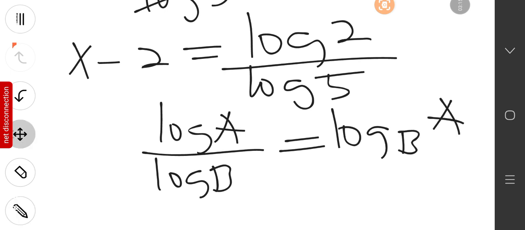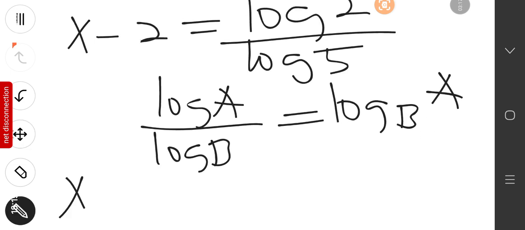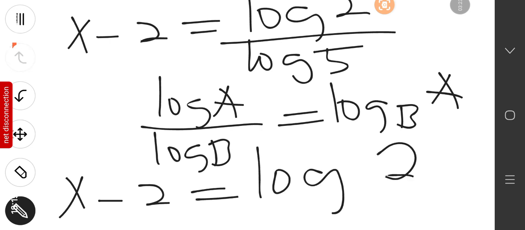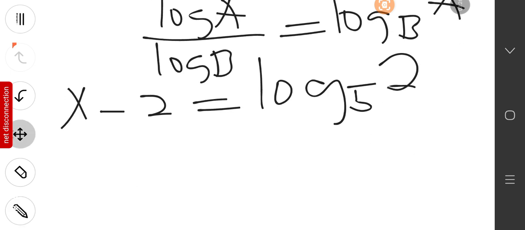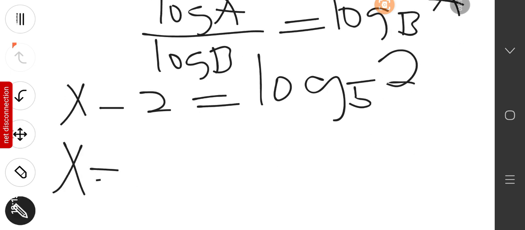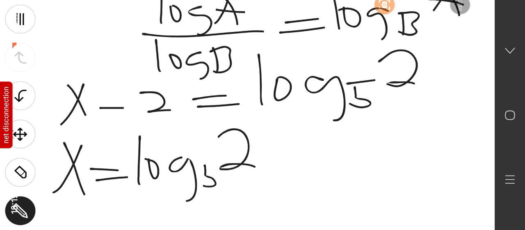So our equation becomes x minus 2 equals log 2 base 5. So this will give us x equals log 2 base 5 plus 2. All right.